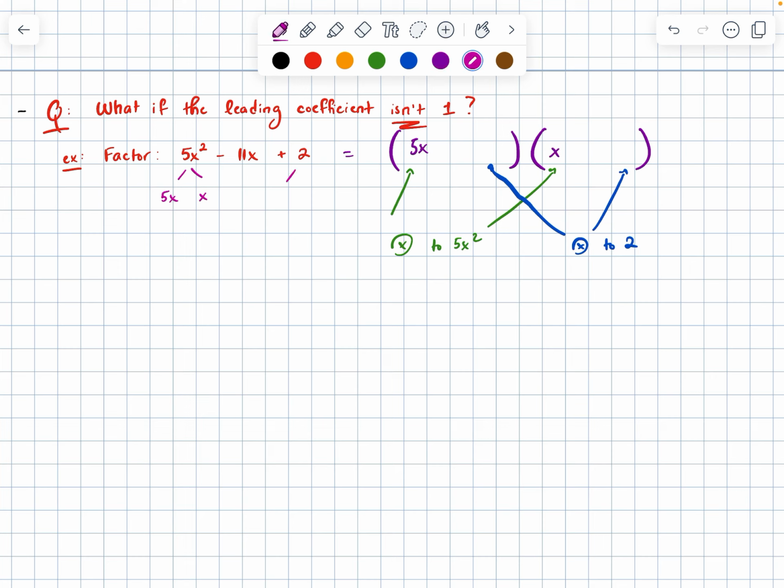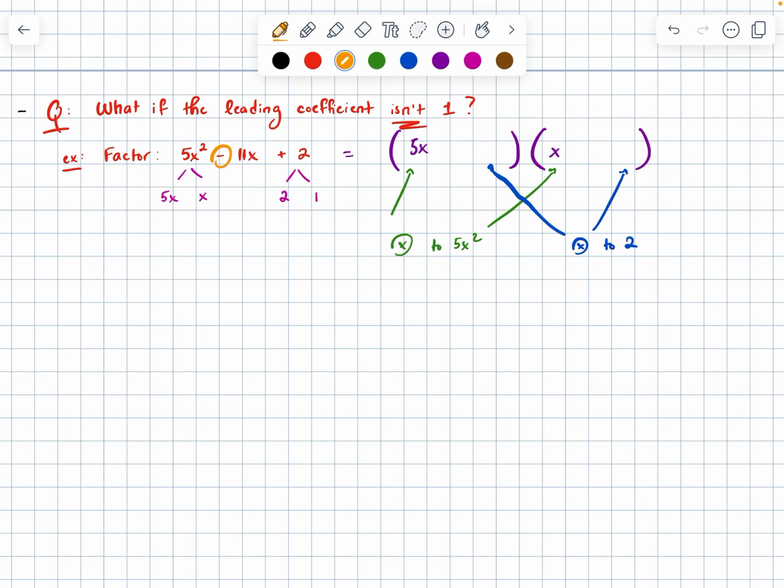To get to positive 2, now I know that I can only do a 2 times a 1. That's the only way to make this work. But I know that I have a negative sign in the middle. Thinking strategically, what does that tell us here about the stuff in our factors? Well, if I'm going to do 2, it could be either positive 2 times positive 1 or negative 2 times negative 1.